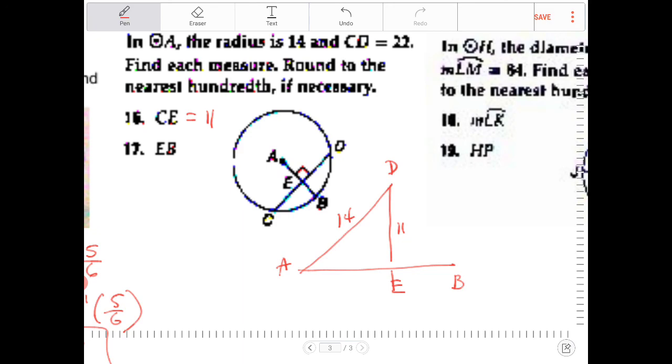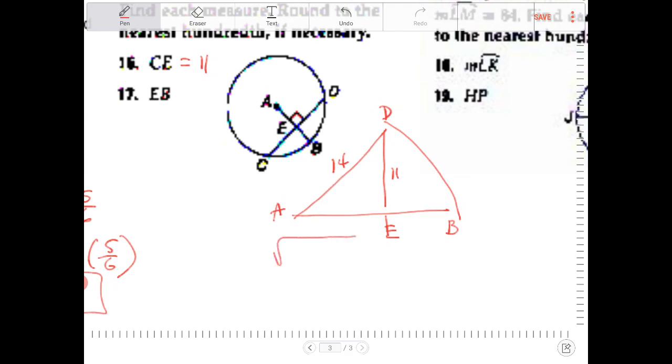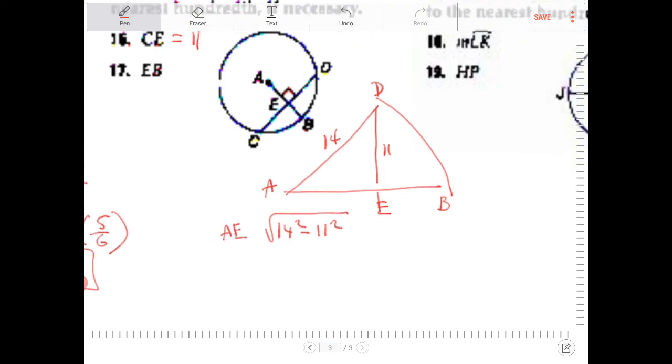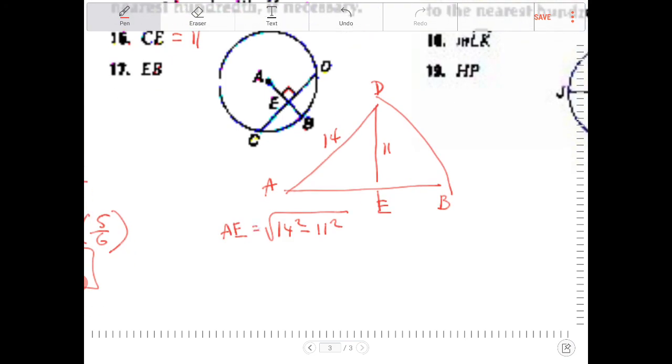In order for me to find out what EB is, I need to find out what AE is first. So AE is going to be the square root of 14 squared minus 11 squared. And then to find AB, I will need to take 14 minus the square root of 14 squared minus 11 squared.